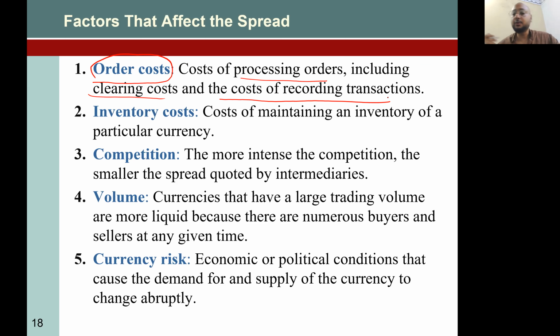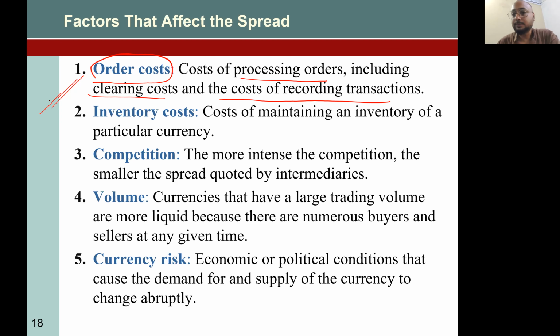You need to pay some clearing houses if you are using a standard platform like the Forex platform, and if you are using over the counter, you need to pay some kind of fees for order processing, recording transactions, this kind of stuff. So if you order more, cost is going to be high. If you order less, cost is going to be less.